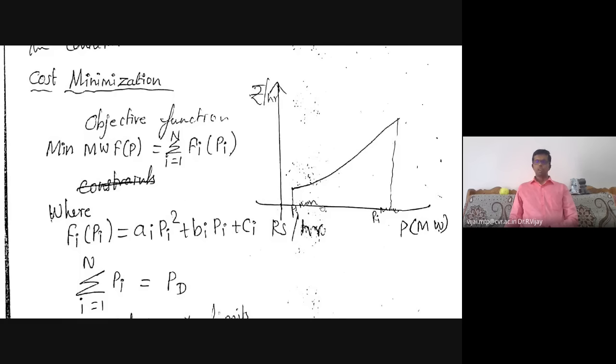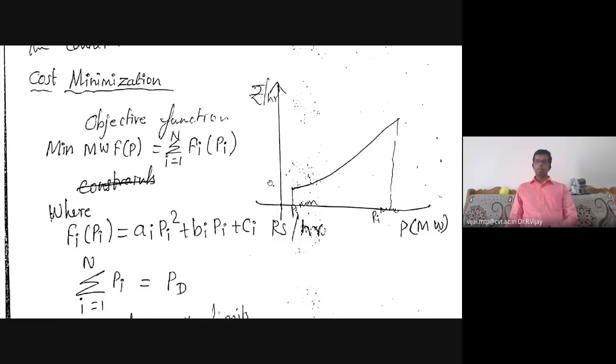And also, we have seen the fuel cost characteristics. On this axis we are taking the fuel cost, in rupees per hour, and on this axis the power generation, maximum power generation in megawatts.